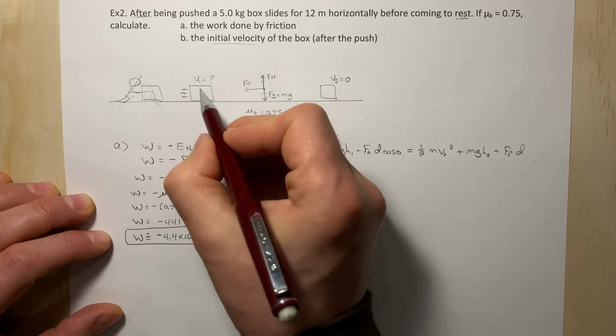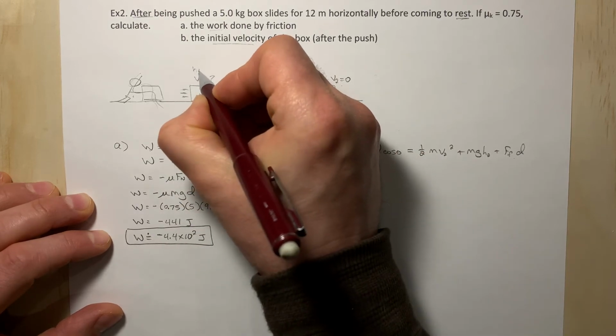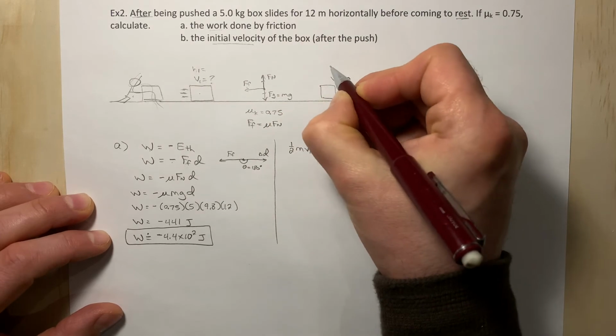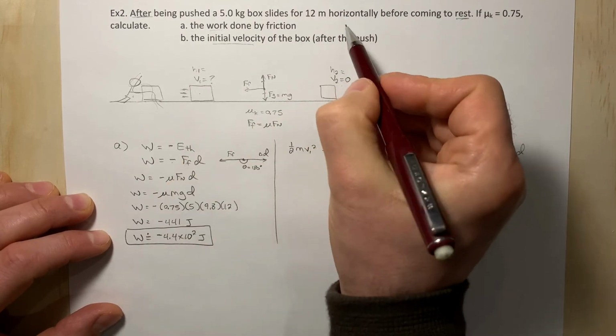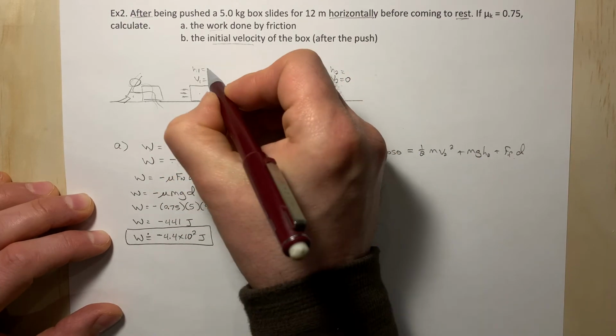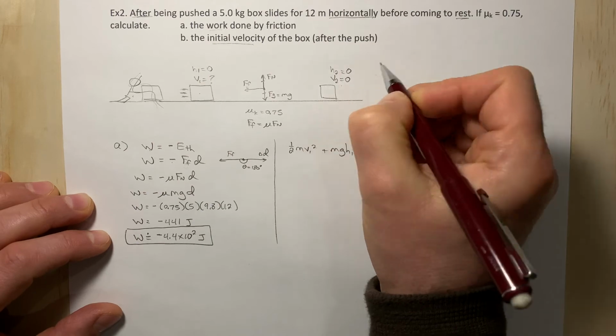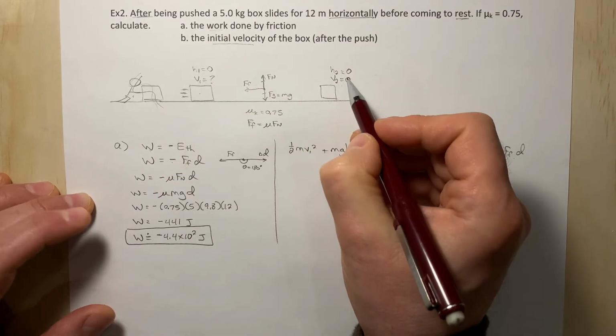If I look at this, I've listed what V1 and V2 are, but I haven't written down what H1 and H2 are. I don't know what they are, but I do know that this thing slides horizontally. The box is always at the same level. I'm going to call that level 0, so this height is height 0, and this height is also height 0.